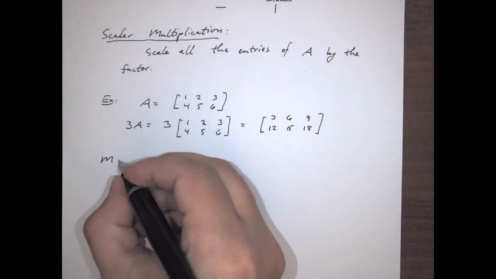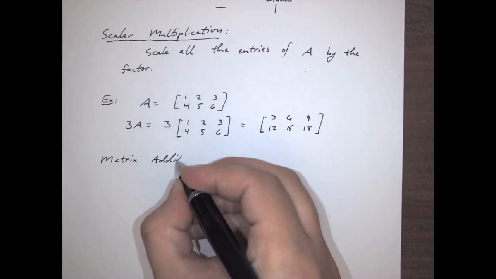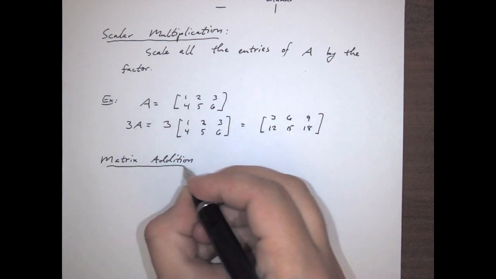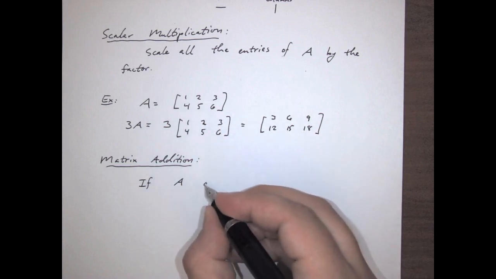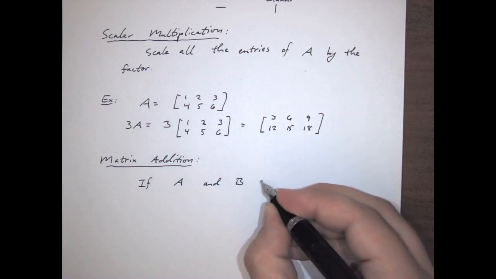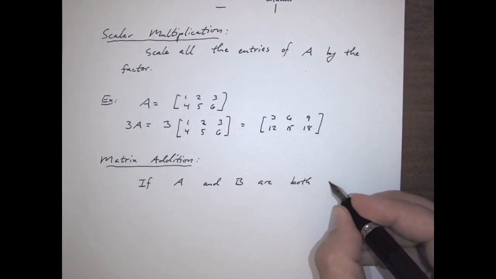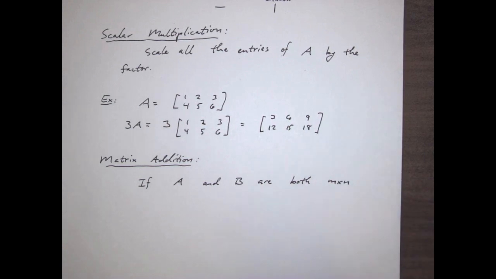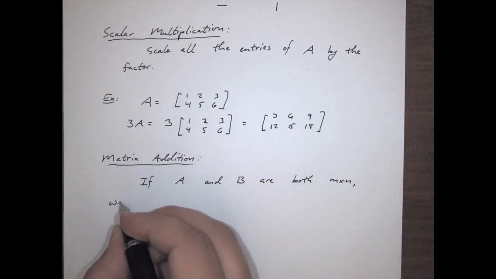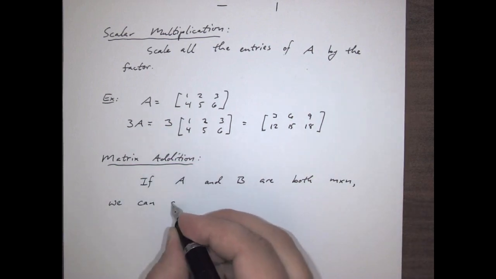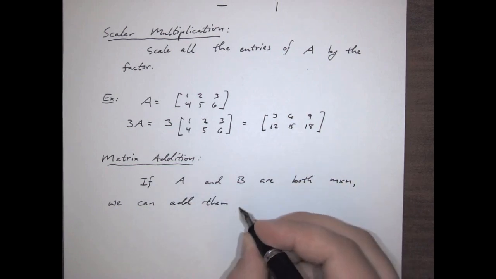So matrix addition: if A and B are both M by N, so they have to have the same configuration, we can add them component-wise.